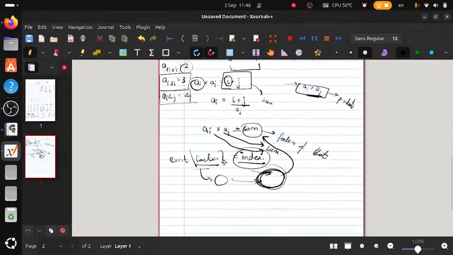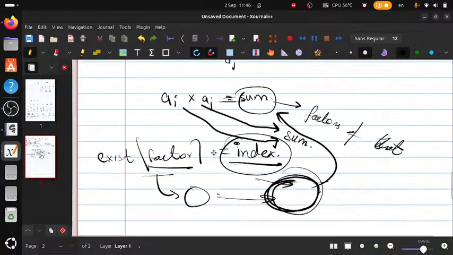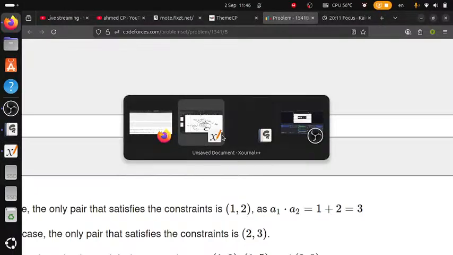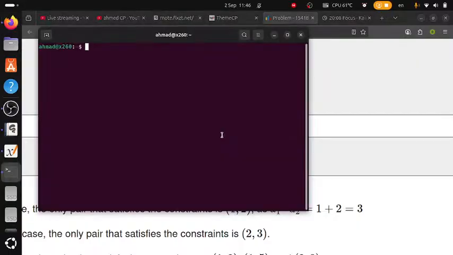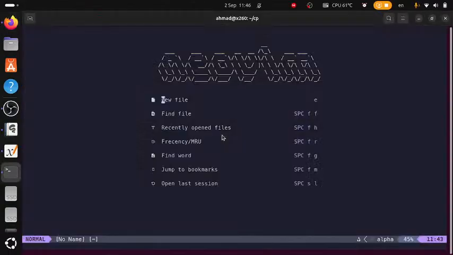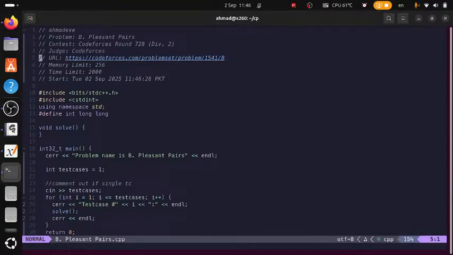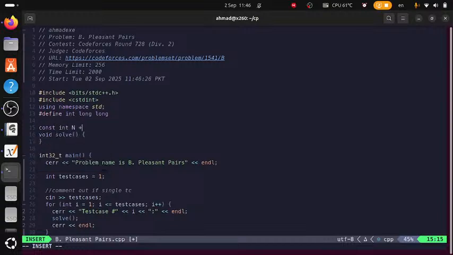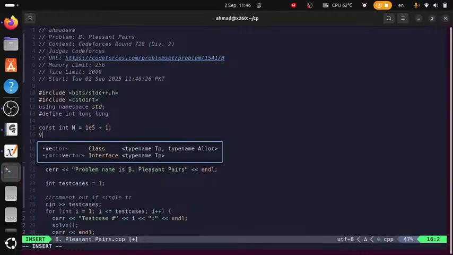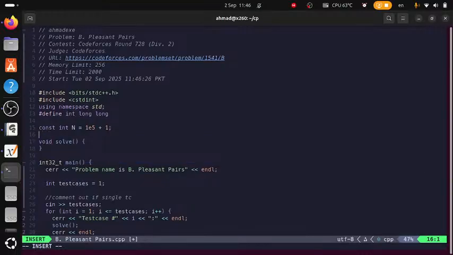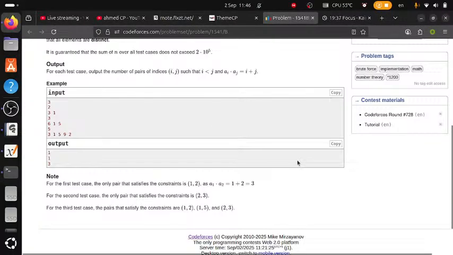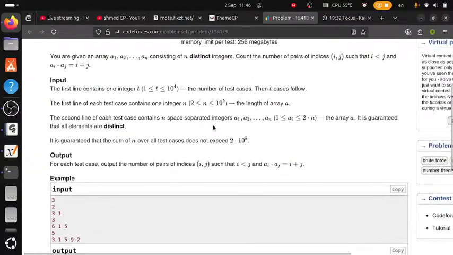So we are going to have an array of lowest primes, right?